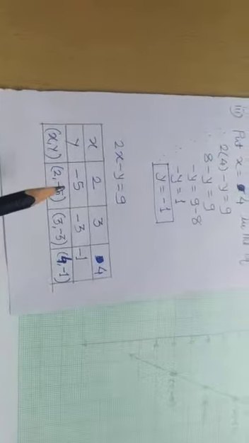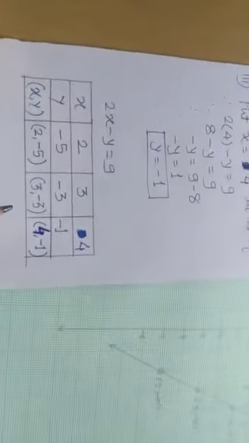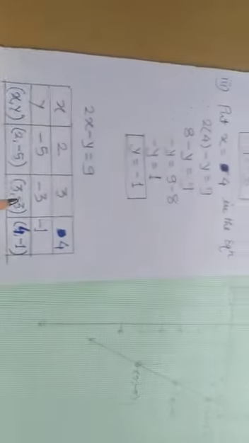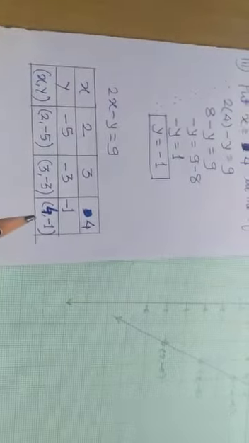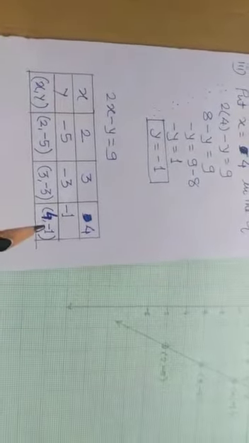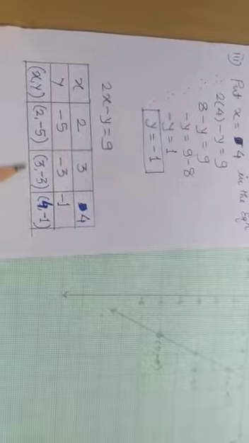This is the first ordered pair. Then put x is equal to 3, we get y is equal to minus 3. This is the second ordered pair. Put x is equal to 4 in the given equation, we get y is equal to minus 1. This is the third ordered pair.